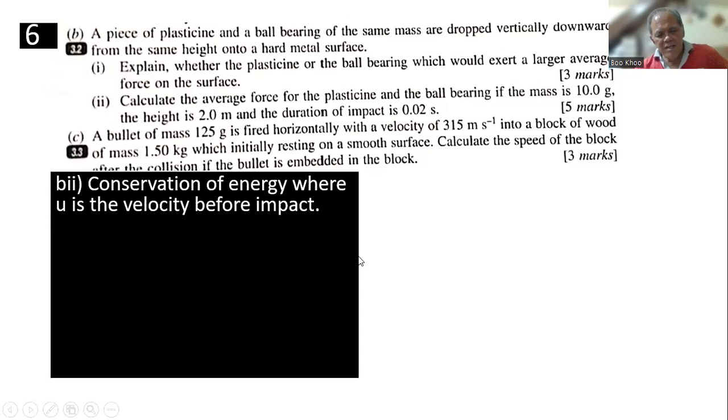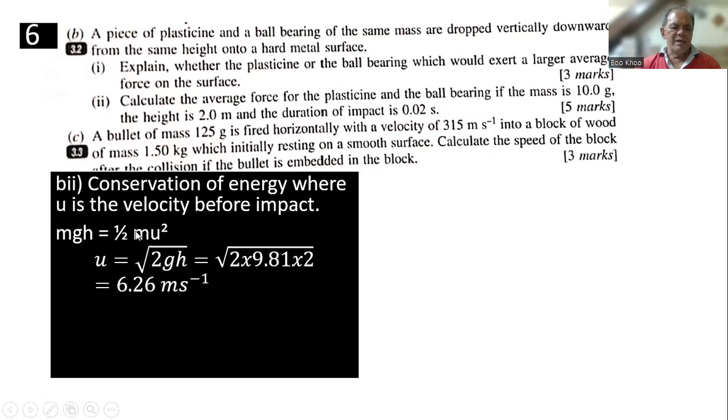Calculate the velocity before collision, right? Using conservation of energy, where u is the velocity before impact. Right? The potential energy has changed to kinetic energy before collision. The m's cancel off, so take the 2 across there, put in your value, calculate out.